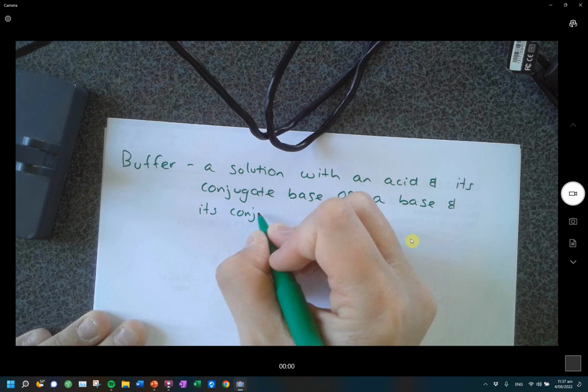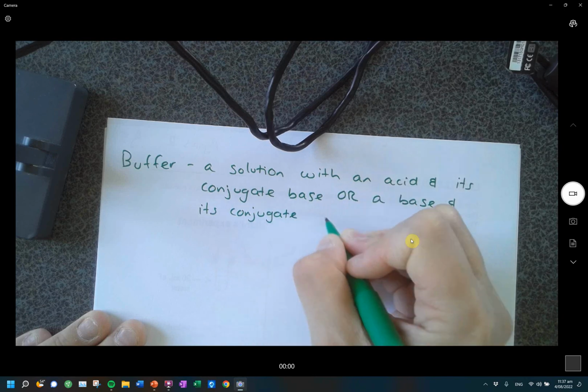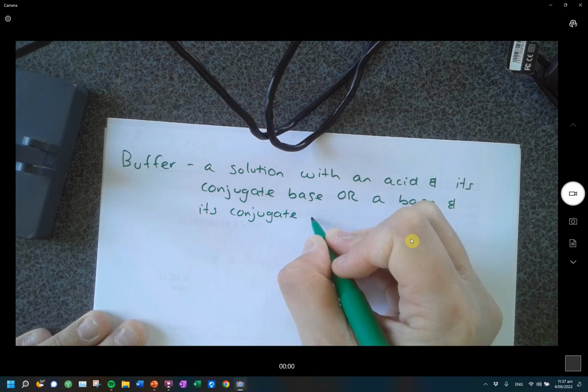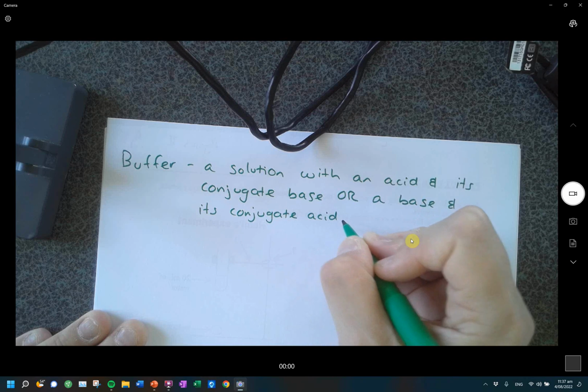It's really important that you have both of those components there because that's going to help it maintain the pH.